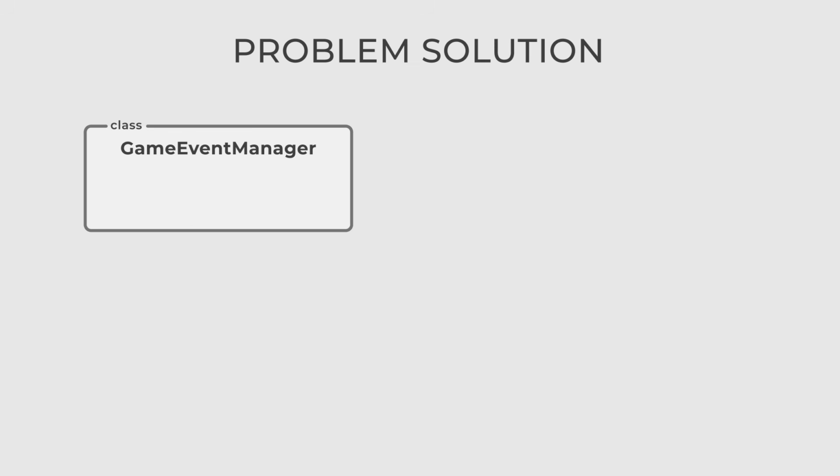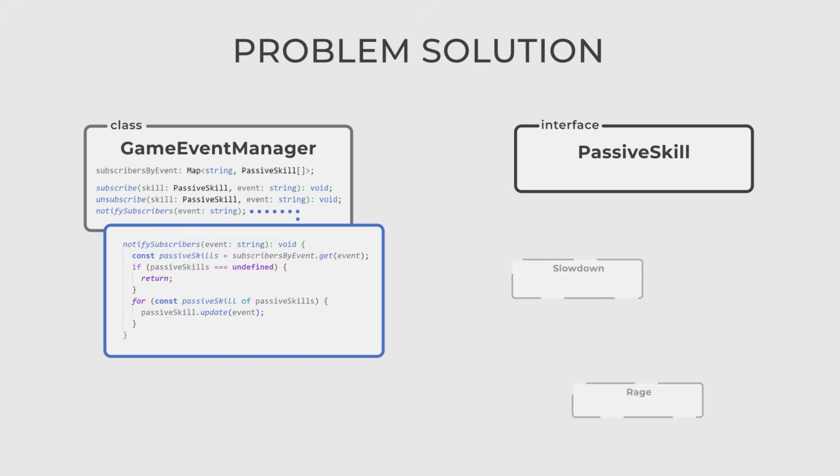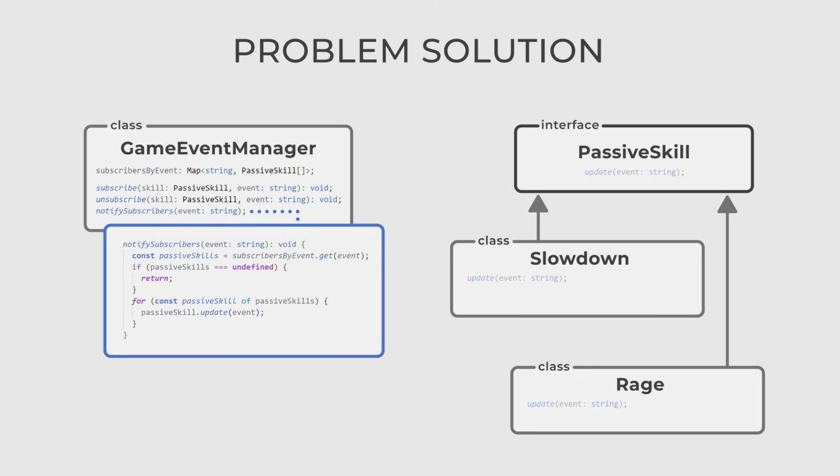First, let's create a class called Game Event Manager. It contains several methods: subscribe, unsubscribe, and notify subscribers. Notify subscribers method accepts the type of event happening right now, and its only role is to notify the appropriate subscribers. Then, let's create the passive skill interface and concrete passive skill classes, which implement one single method: update.